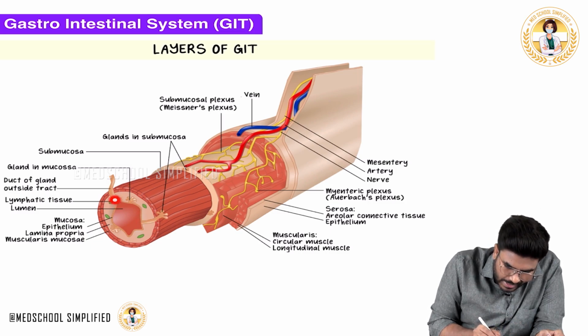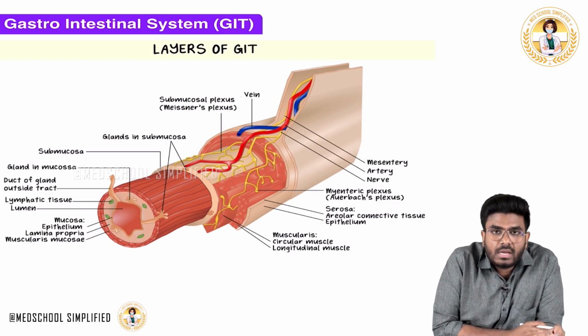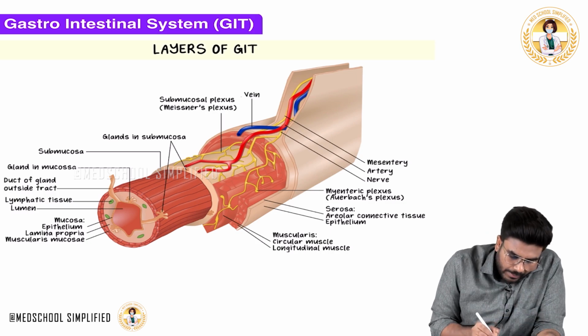These are the lamina propria, and the outermost layer here in this mucosa is called the Muscularis mucosae. This is the muscular layer. So the innermost layer is the mucosa, and this mucosa consists of 3 more layers: the epithelial layer, the lamina propria and the Muscularis mucosae.